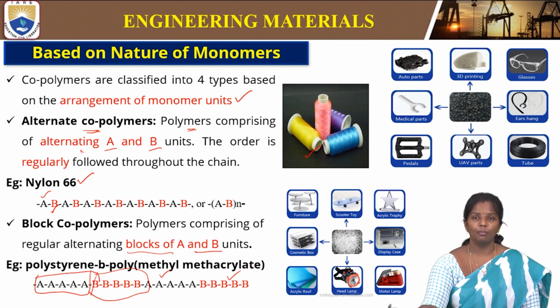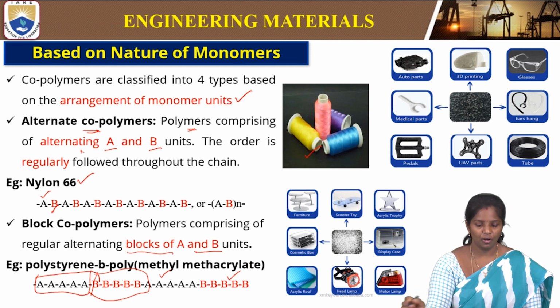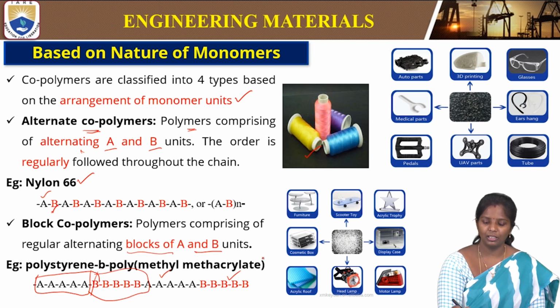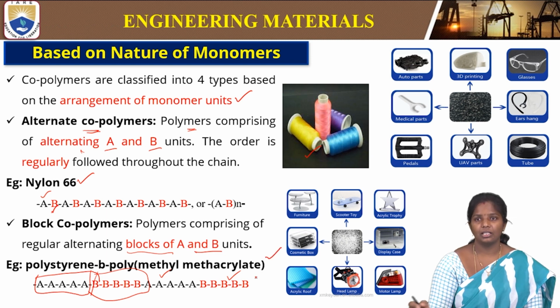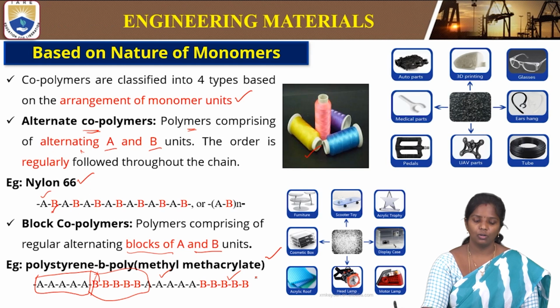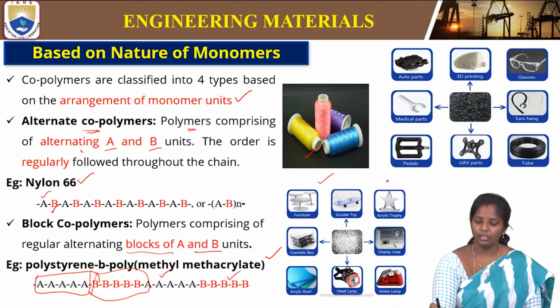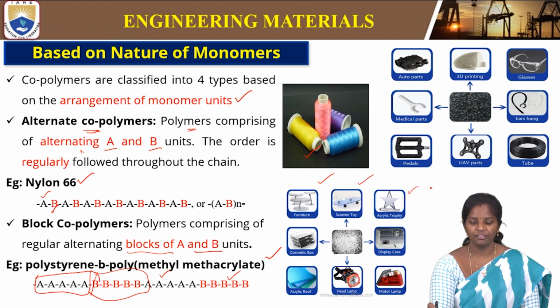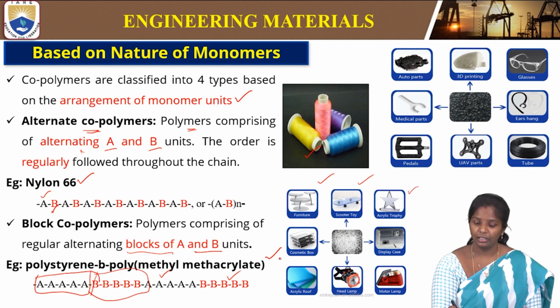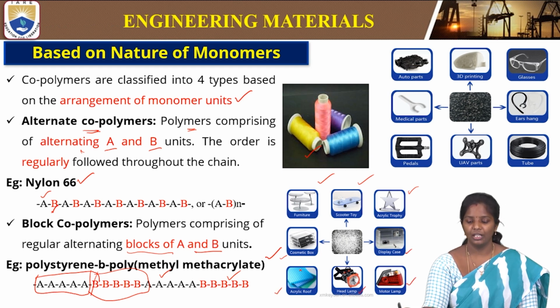This is how block copolymers form. Polystyrene-b-polymethyl methacrylate is a good example for this type of copolymer. These are mostly used in furniture, toys, trophies that we generally give, cosmetic boxes, display cases, and then motor lamp, headlamps, and acrylic roof. These are good examples for the block copolymers.